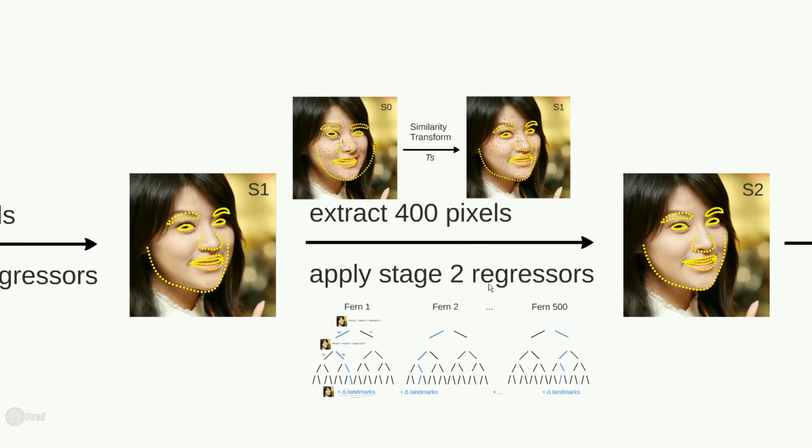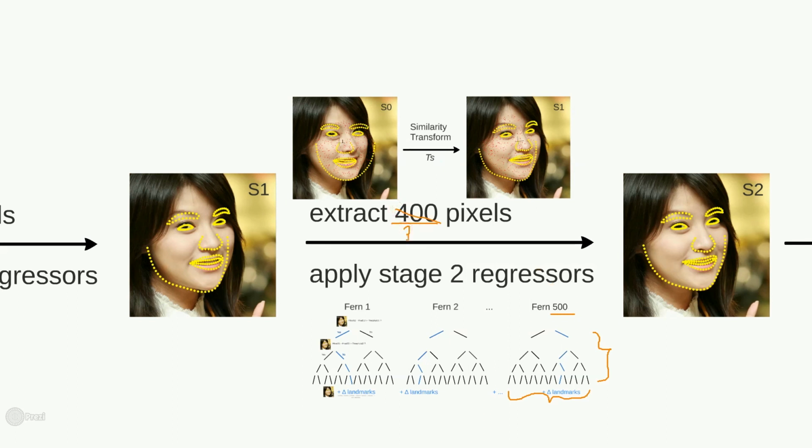Now pay attention, these numbers, like 400 pixels, the number of ferns, and the number of stages we have in the fern, which results in the number of leaves we have in the fern. All these numbers can be set by someone using this model. When you train the model, you can choose that, okay, I don't want 400 pixels.